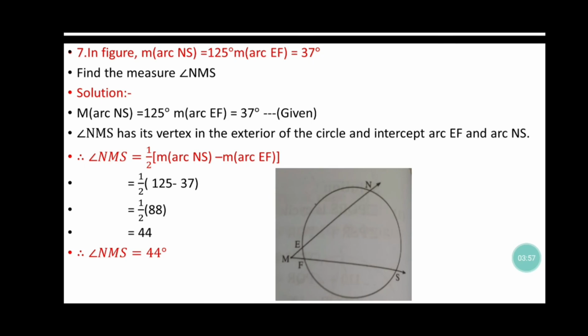So therefore measure of angle NMS is equal to half of measure of arc NS minus measure of arc EF. So that is equal to half of 125 minus 37, half into 88, that is equal to 44. Therefore measure of angle NMS is equal to 44 degrees.